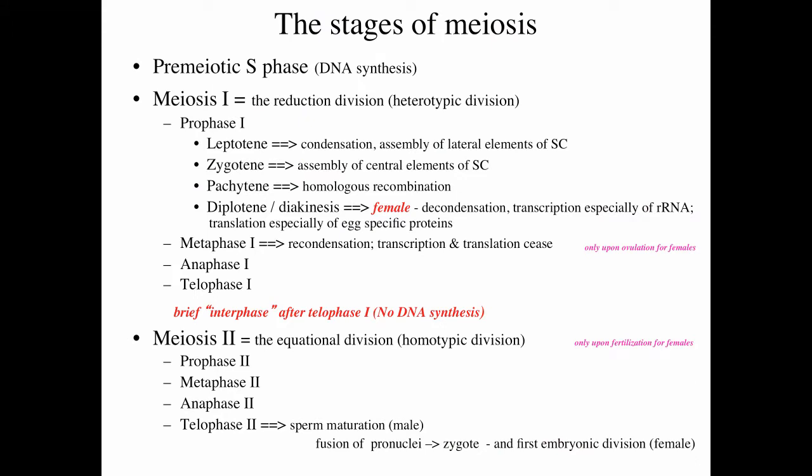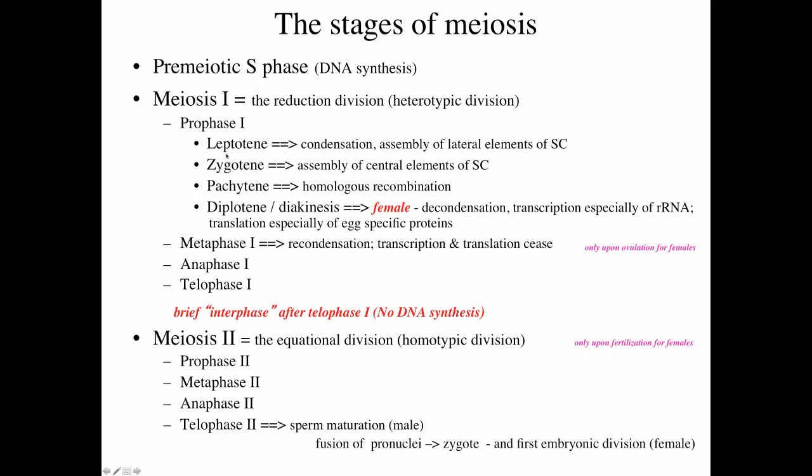With respect to the stages of meiosis, we talk about a pre-meiotic S phase where DNA synthesis occurs, and then meiosis 1, the reduction division, sometimes called the heterotypic division. Prophase 1 is very protracted, it's very elaborate, and in human females it can last for decades.